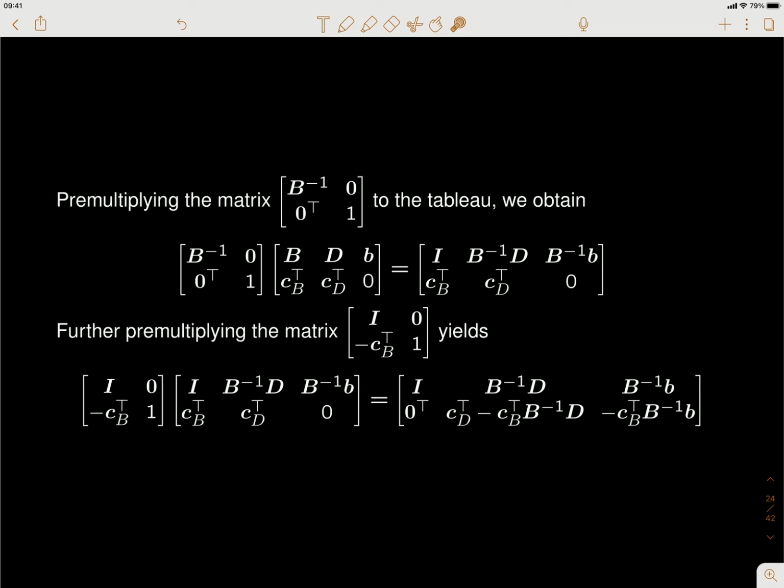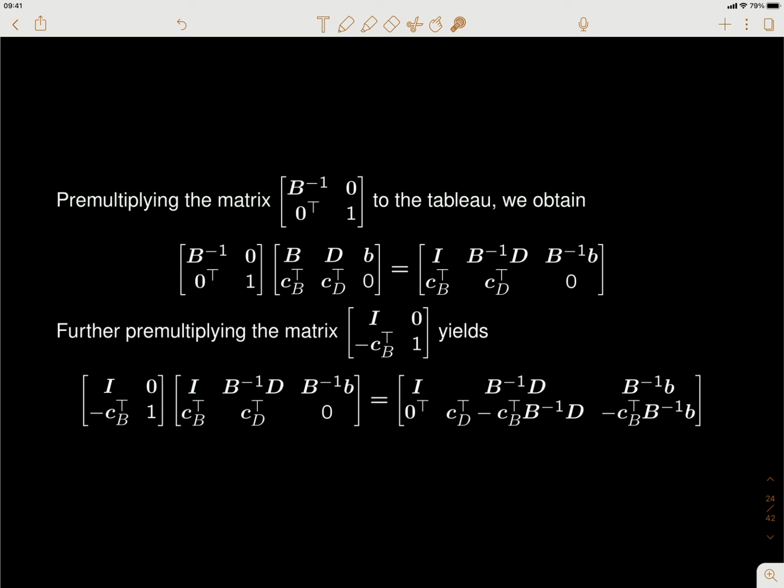Now we can further multiply by this matrix, identity, 1, and negative C_B transpose. We will multiply this matrix to this matrix. What do we get? This is just a multiplication of the two, again a block matrix. When I multiply the first block row to this, I will not change anything, because it just keeps the first row.